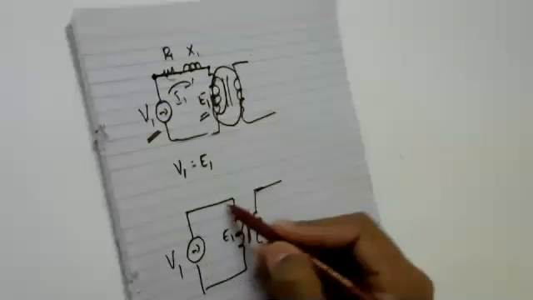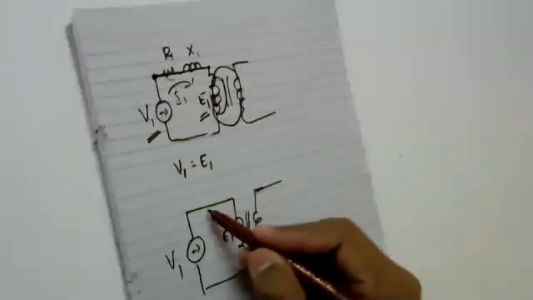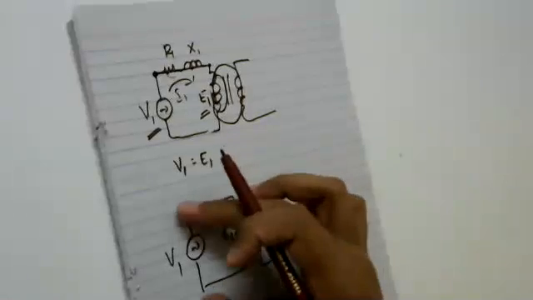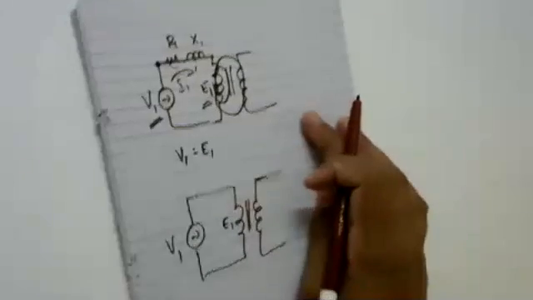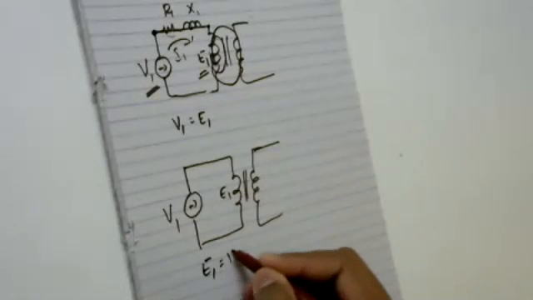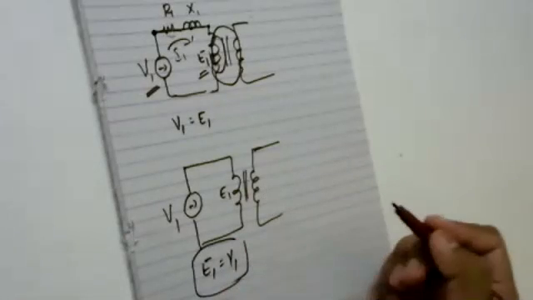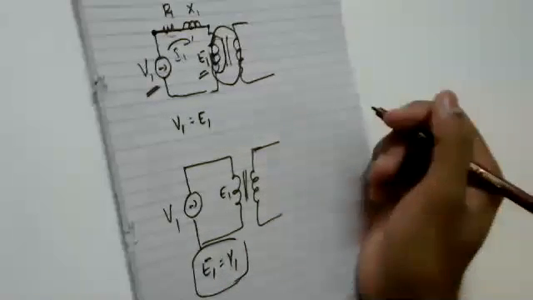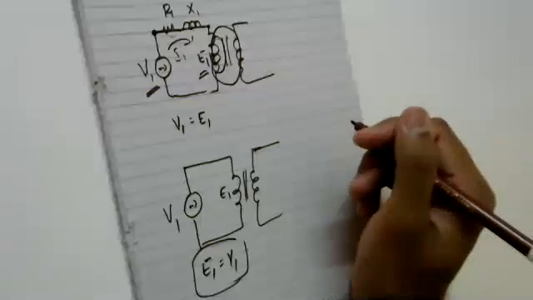Since I don't have any resistance here, there is no voltage drop. It indicates that whatever V1 is, E1 is the same. So my E1 will take the value of V1. Is it clear to you?